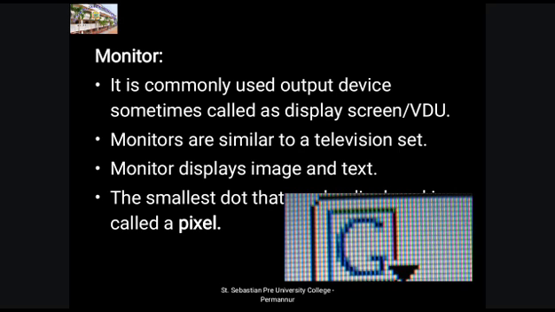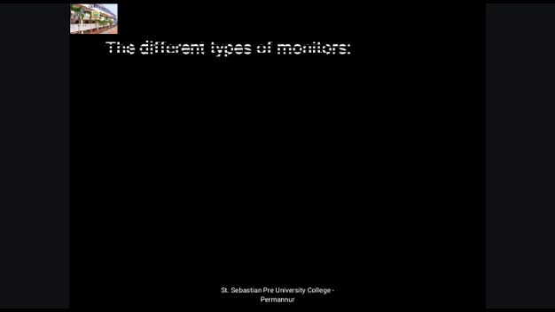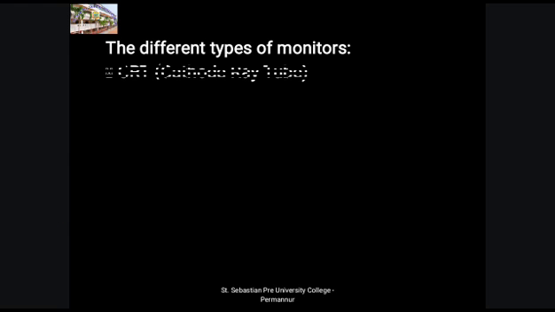The resolution of the monitor determines the quality of the graphics. Some popular resolutions are 640 x 480 pixels, 800 x 600 pixels and 1024 x 768 pixels. Different types of monitors are there.